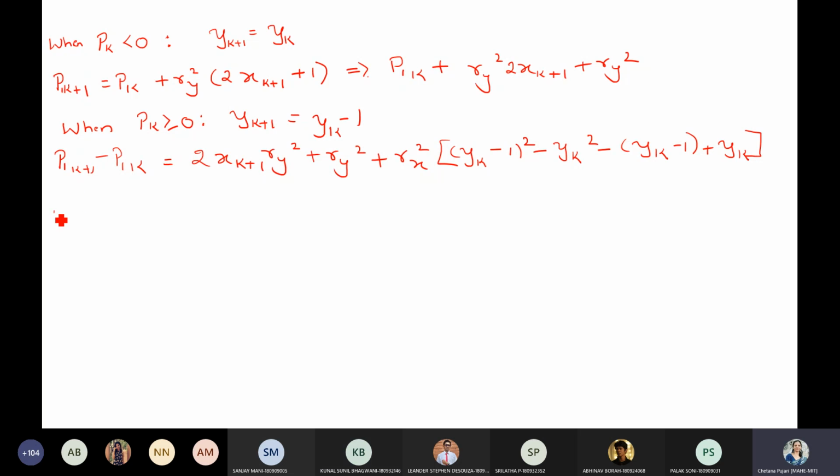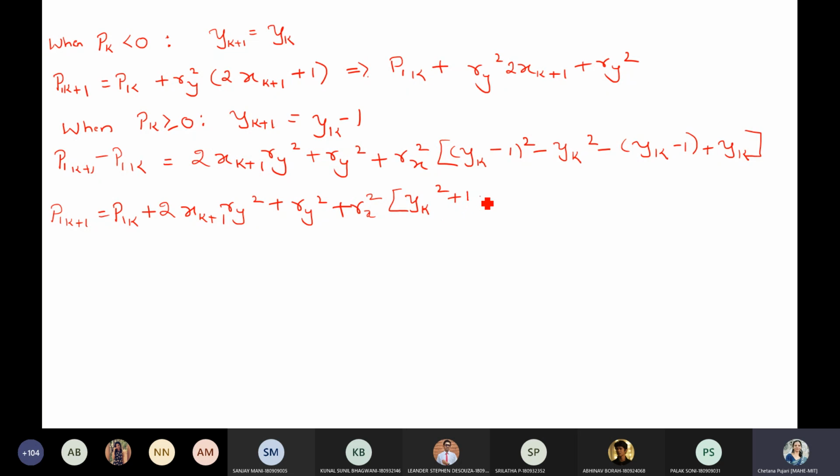Okay, so just to rewrite it, p1k plus 1 is equal to p1k plus 2 into xk plus 1 ry square plus ry square plus rx square, and this I'm using a minus b whole square is equal to a square plus b square minus 2ab, that equation.